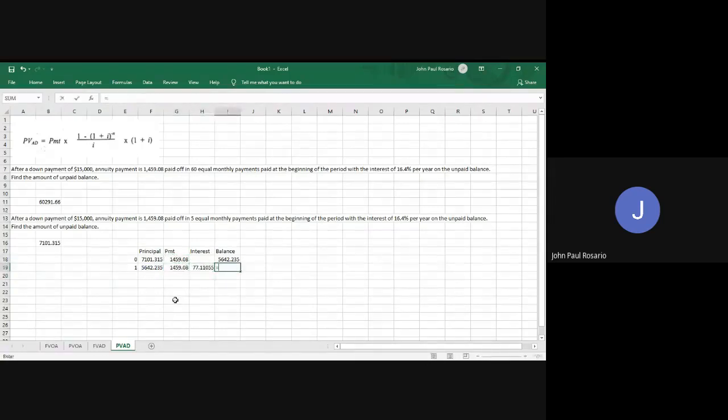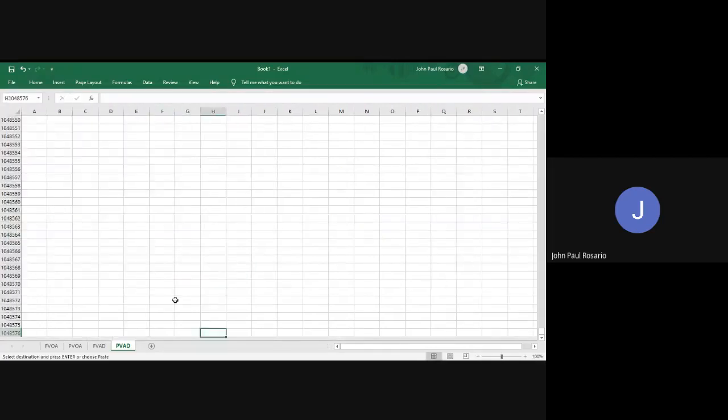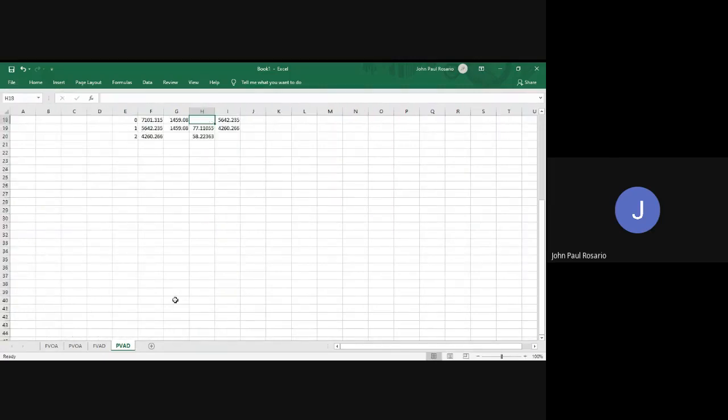So your balance is the principal plus interest minus the payment. At period 2, the interest is this one times 0.164 divided by 12, and then the payment.